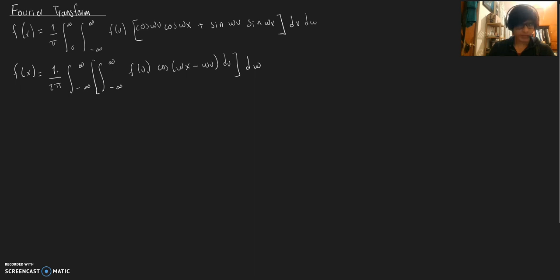So that's why we make that change there. And also we know that we can have another representation of this integral using something like this, instead of having a cosine, a sine of wx minus wv dv.